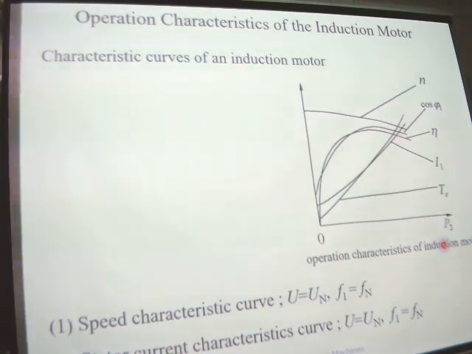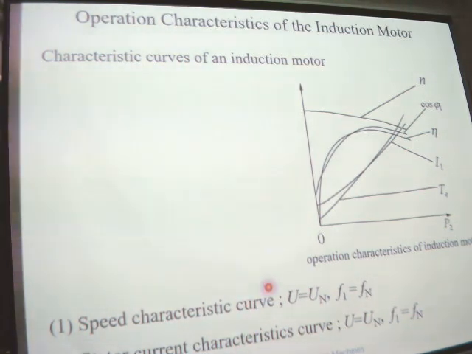If the output power increases, we know the input power should increase also, so the stator current will increase also. So this is I1. Also, there's no I2 shown here, but we should know the rotor current will also increase.